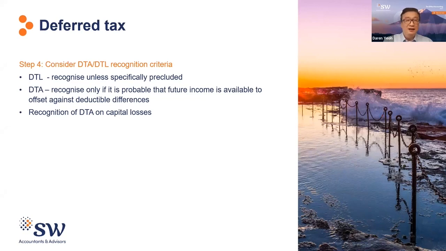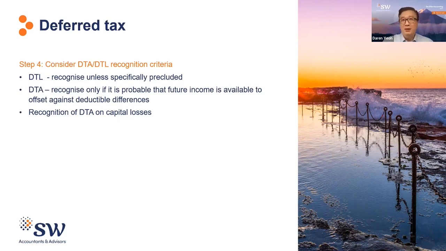For a deferred tax asset, those things that reduce your tax in the future, not only do you need to consider the recognition exception, you need to demonstrate that it is probable that you're going to use those future deductions or future revenue losses. And we'll look at this probable criteria shortly.